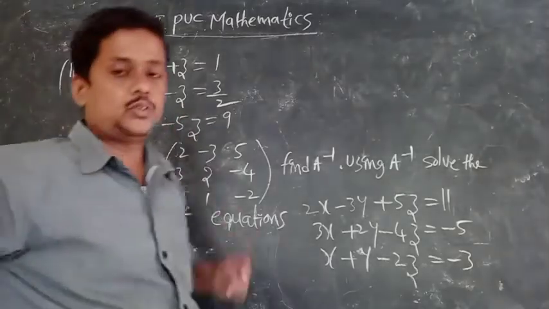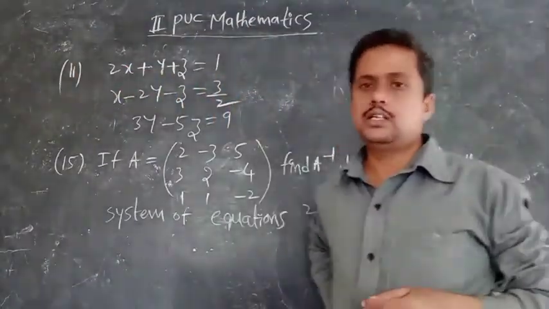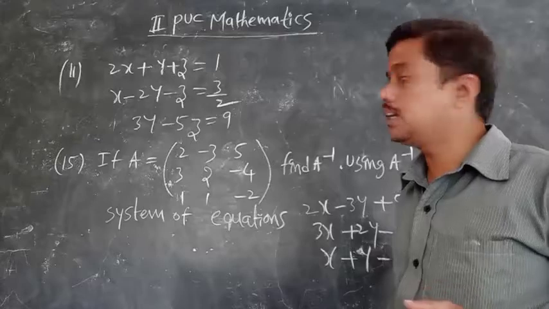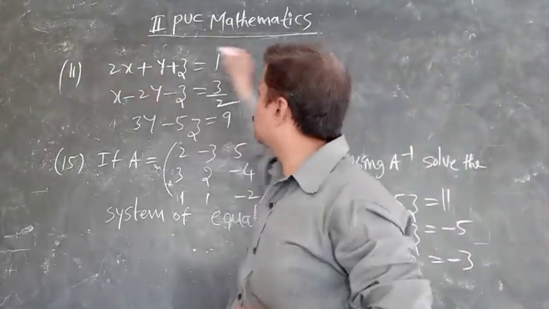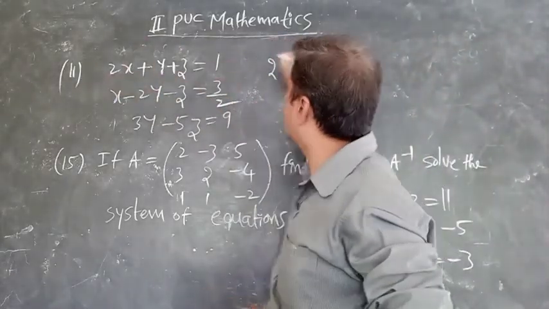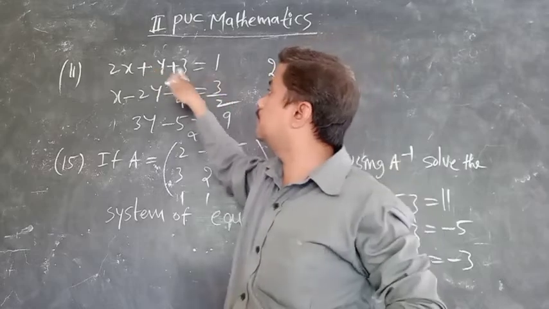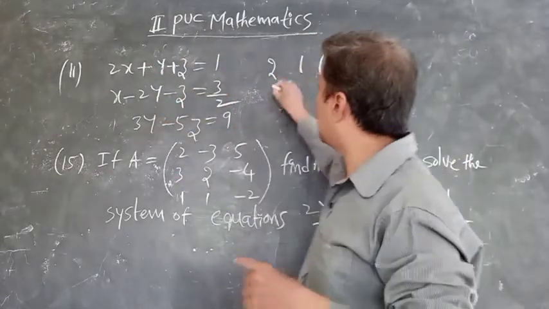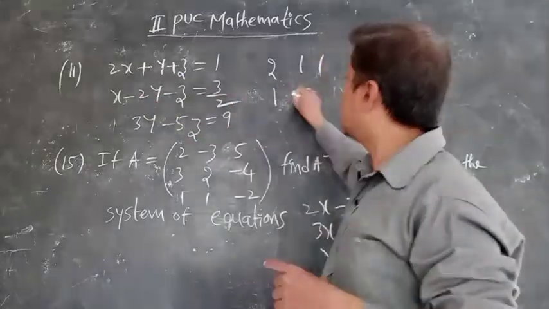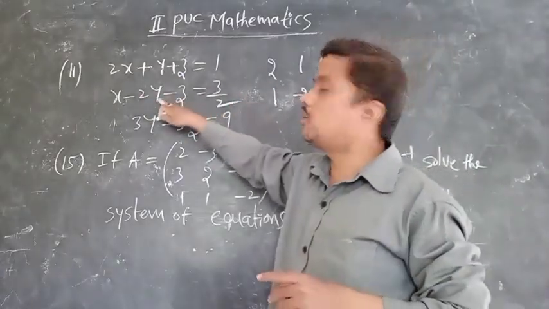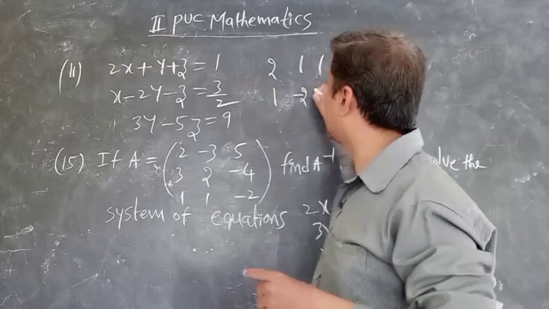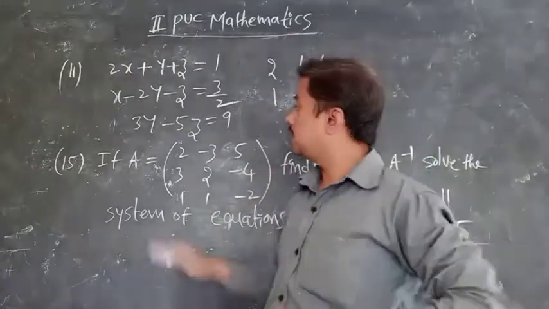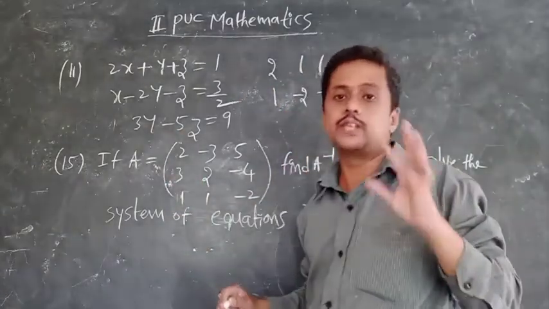Here students feel some difficulty. Why? Because here the x coefficient is 2, so they will write 2, 1, 1: y coefficient 1, z coefficient 1. Next, the x coefficient is 1, y coefficient is minus 2, z coefficient is minus 1. In the last equation there is no x coefficient.